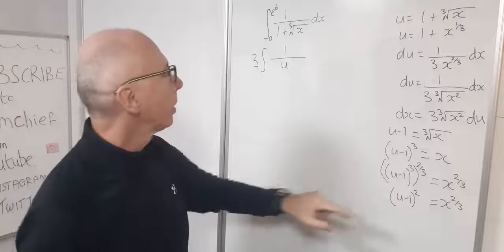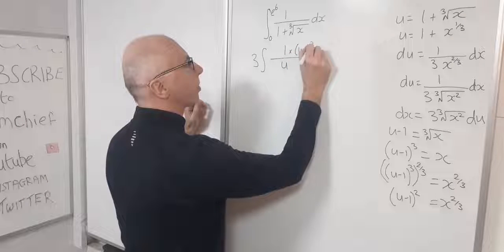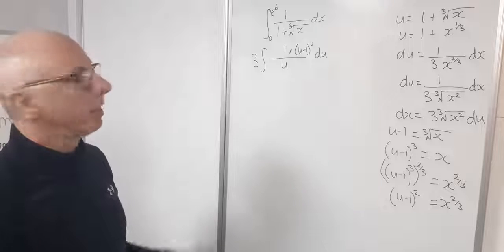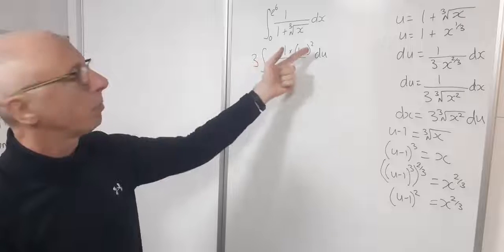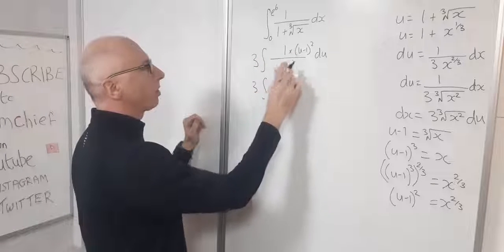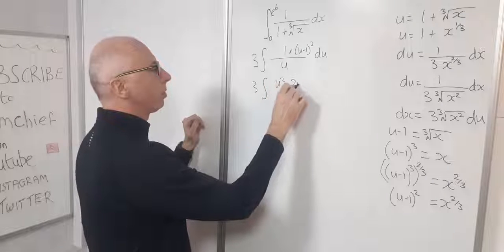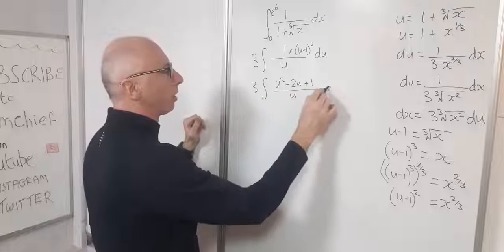So then I've got u minus 1 squared, so 1 over u times u minus 1 squared du. Now u minus 1 squared, the easiest way to deal with this is just to multiply it out. So 3 times the integral of u minus 1 squared will give us u squared minus 2u plus 1, and then that's all over u du.